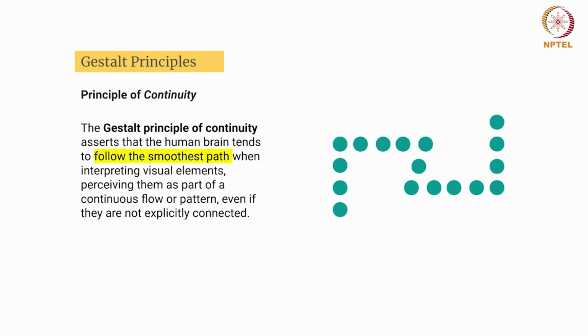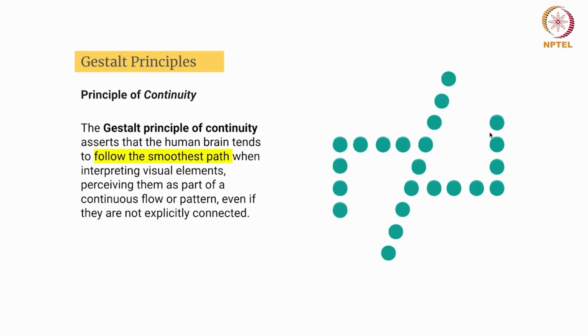What it means is, if you see this image here, you can see a representation of a dotted line, and your eyes will tend to focus on this pathway because there is less complexity.